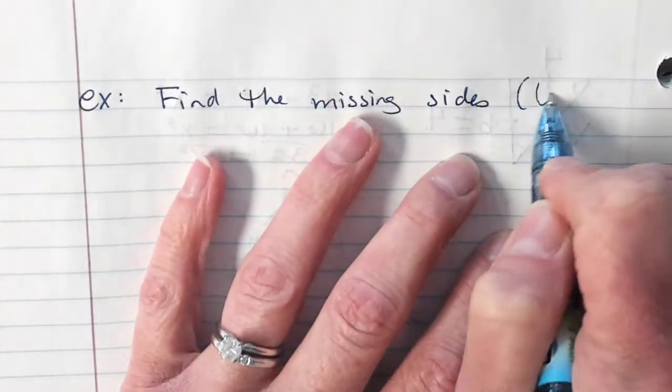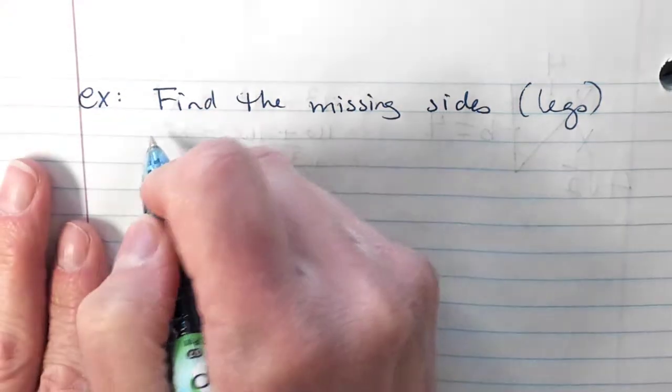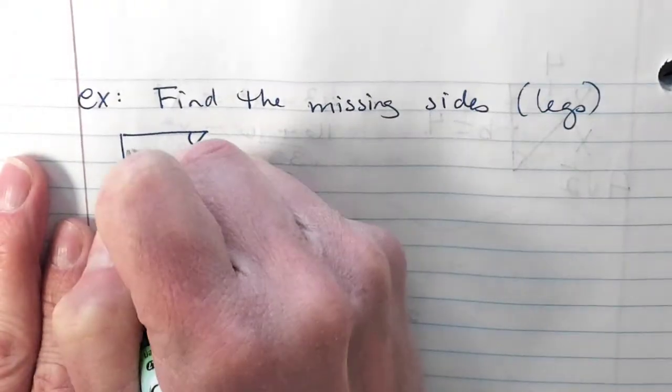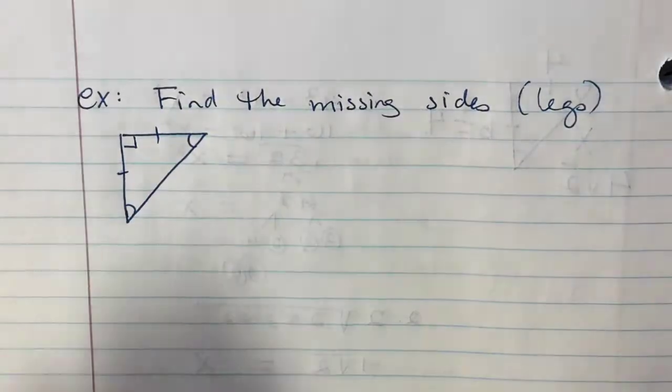We're going to find the missing sides, but this time we're solving for legs. And they're still 45, 45, 90 triangles. So let's draw another right triangle. Mark it so that you know it's 45, 45, 90.